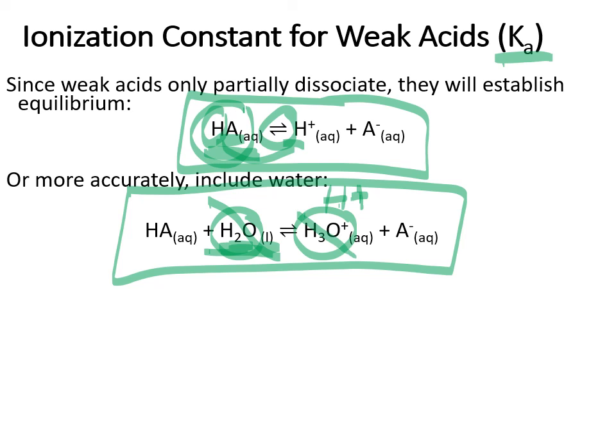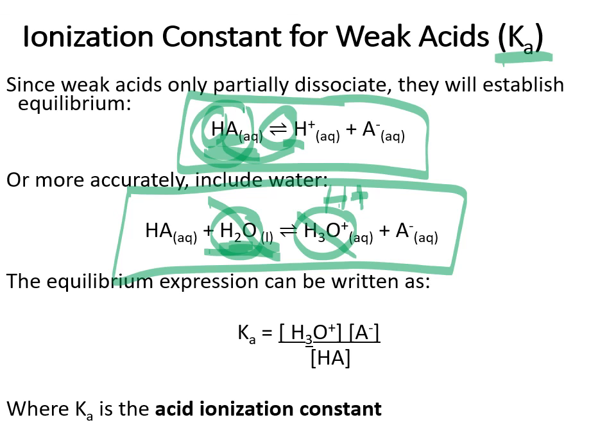But that same idea. So if we were to write the equilibrium expression, it would look like so, the products of the reaction, just like any other equilibrium expression. In this case the products are the hydronium ions and the conjugate partner of the acid, and it would be a weak acid if we're talking about equilibrium here, otherwise it'd be so far to the right it wouldn't be worth talking about equilibrium.